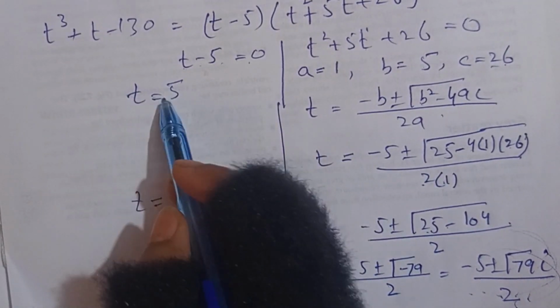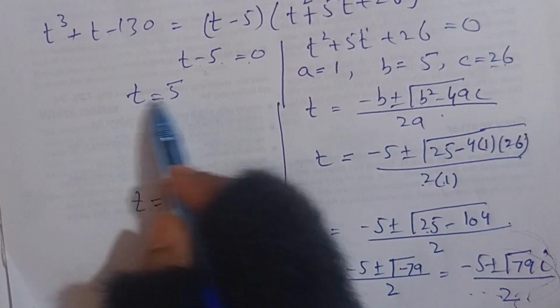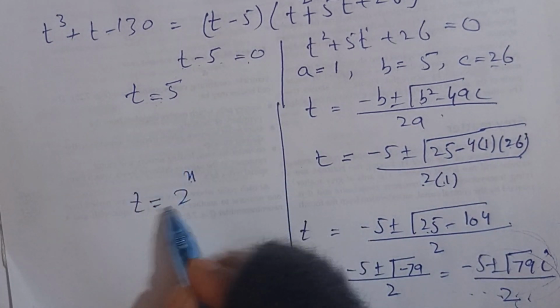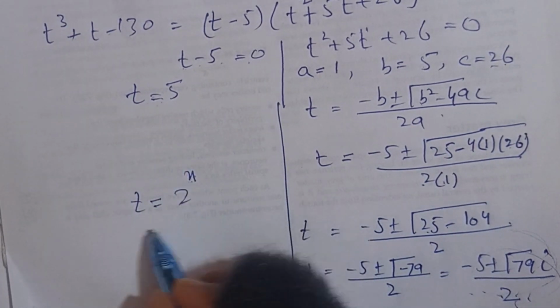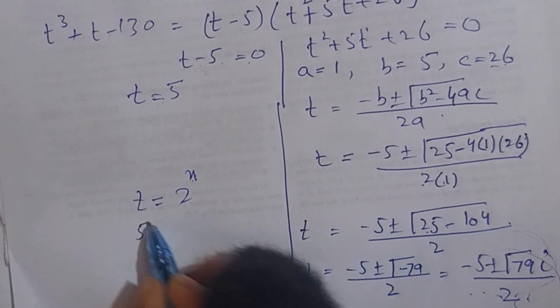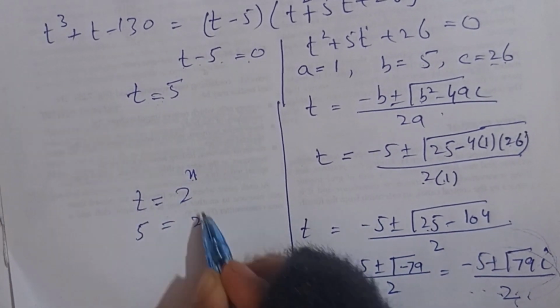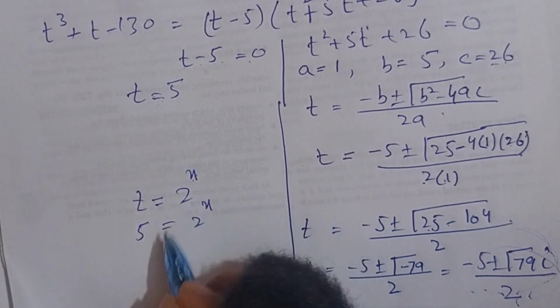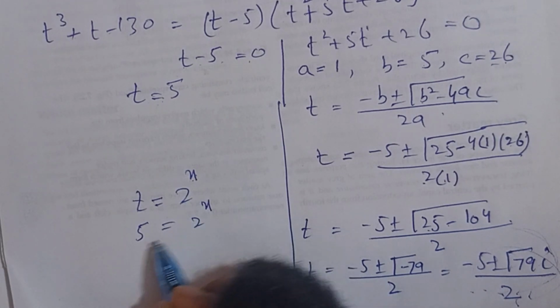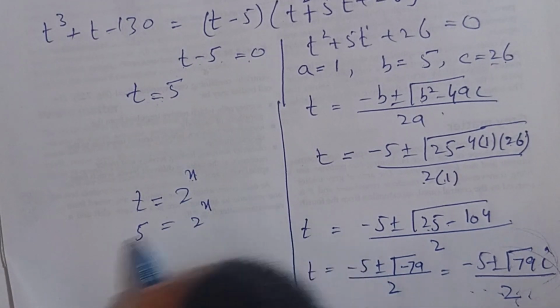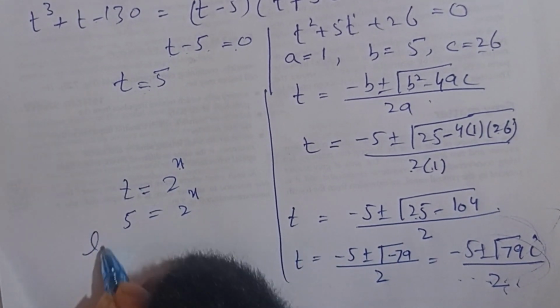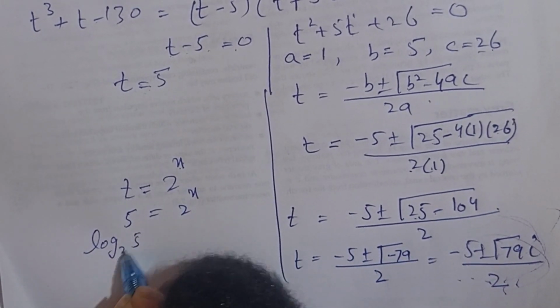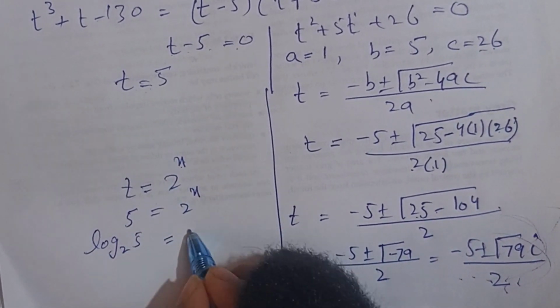So this is a real number, so we can use this value of t, and we let t is equal to 2 raised to the power x and t is equal to 5. So 5 is equal to 2 raised to the power x. And to find the value of x, we take the log with base 2 on both sides. So this will become log 5 with base 2 equal to x.